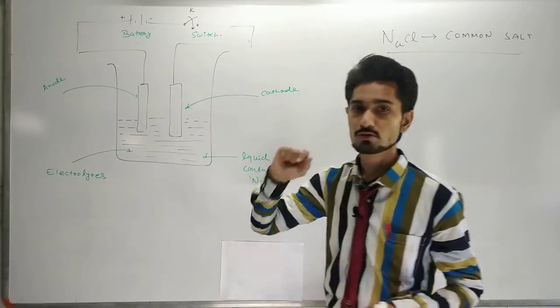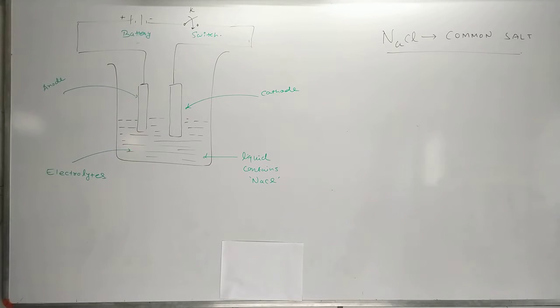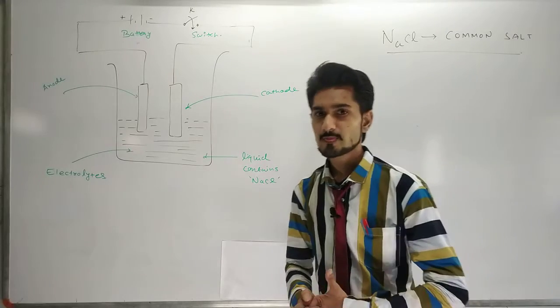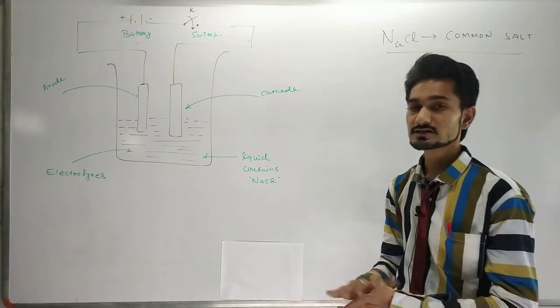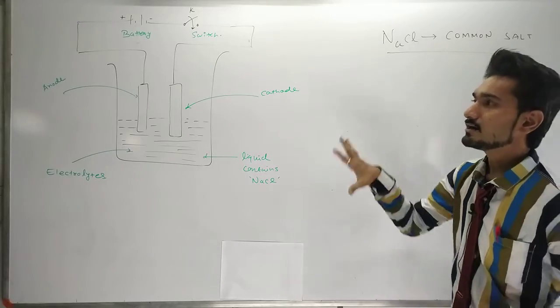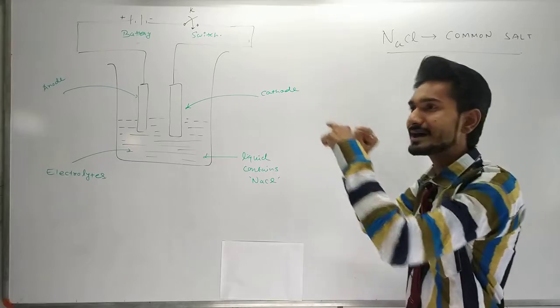This is the basic concept of the electrolysis process. It is used in the galvanizing process, and also in the gold purification method. Now we are going to apply this method to the chlor-alkali process.